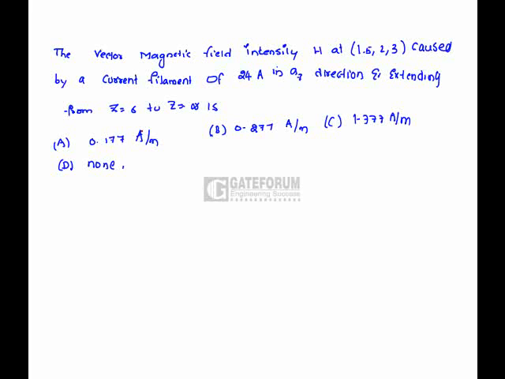Magnetic field intensity at (1, 5, 23) caused by a current filament of 24 amps in the AZ direction extending from Z equals 6 to infinity. Suppose this is X, this is Y, this is Z. The current filament is located from Z equals 6 to Z equals infinity. So we have to find the magnetic field intensity at that point.